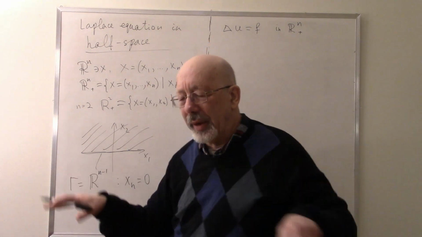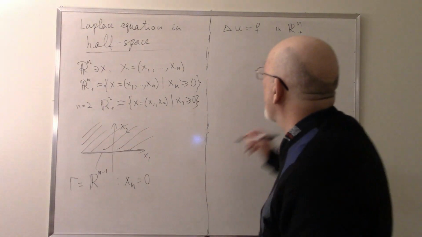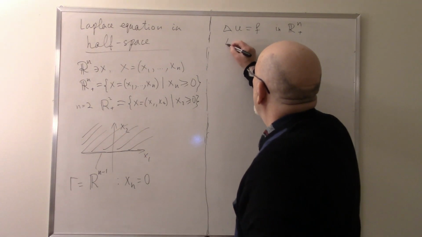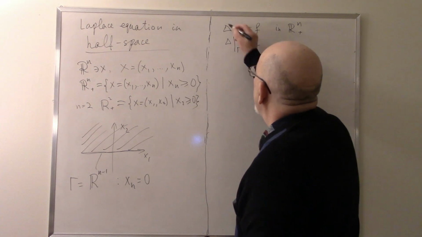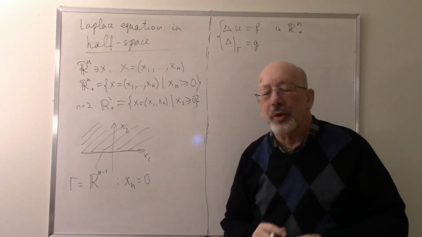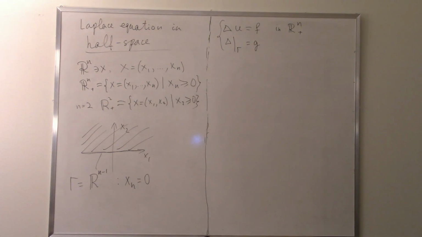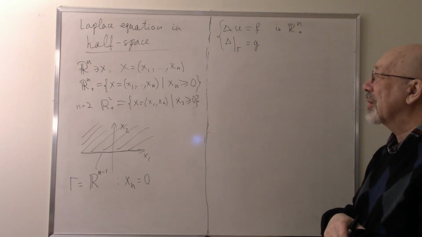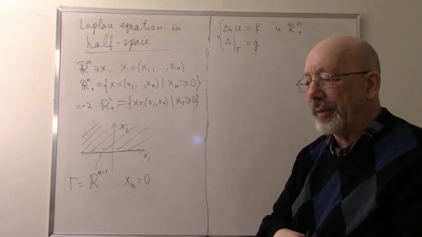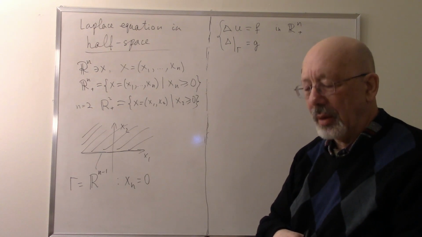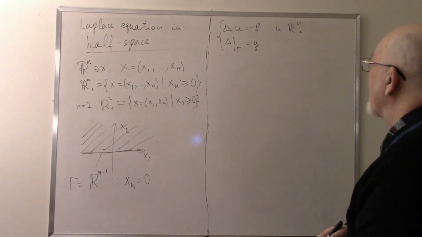So it is n minus 1 dimensional plane in n dimensional space. So u on gamma equals g, where f and g are given functions. Now, if we don't want to have complication, let them be regular functions, say twice differentiable, and then we'll see how we can generalize it.